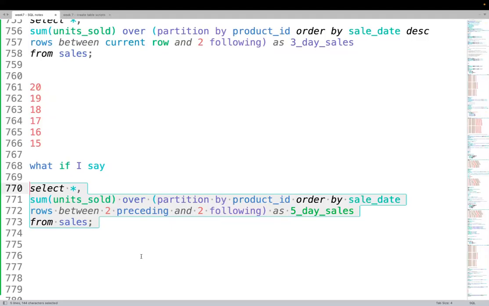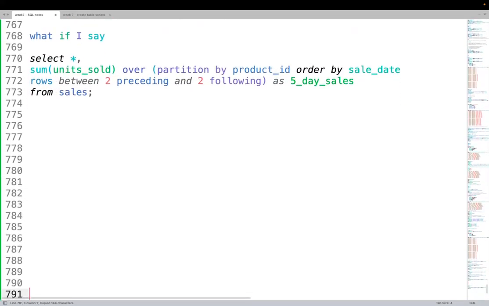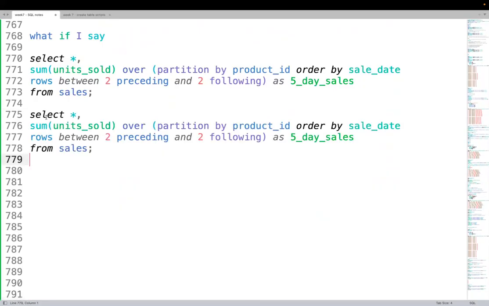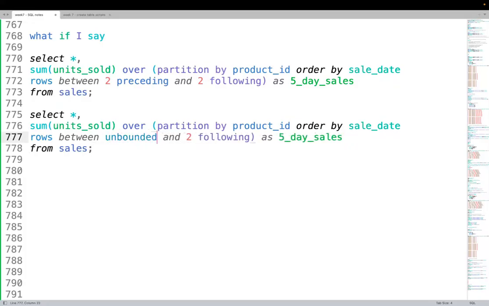Fine. Now, next, what if I say, let's say, I'm just showing you all possible scenarios. Over partition by product ID, order by sale date, rows between, I will say, unbounded preceding and current row.